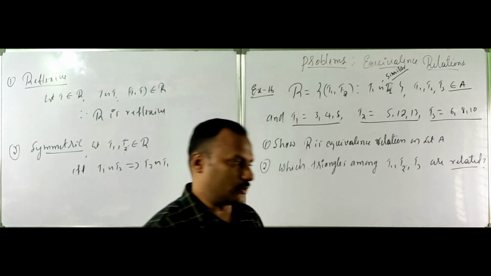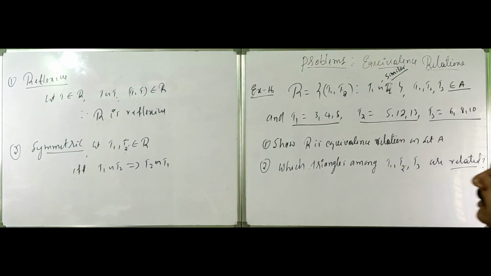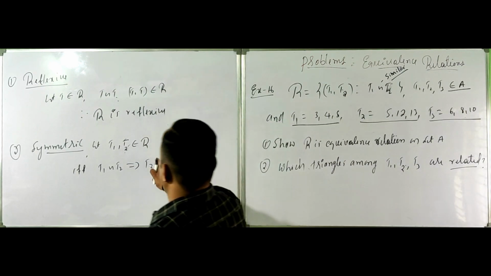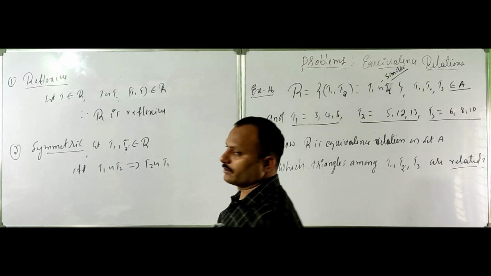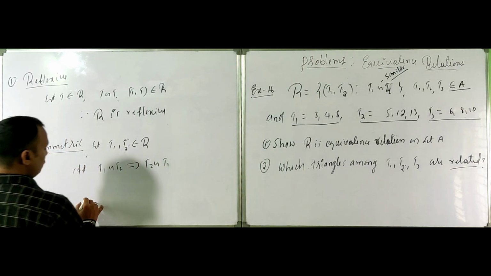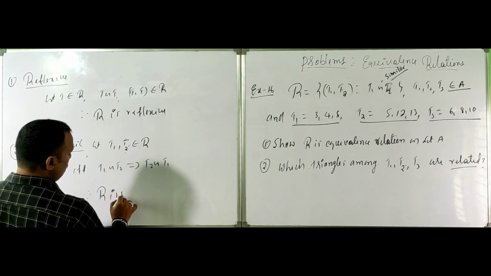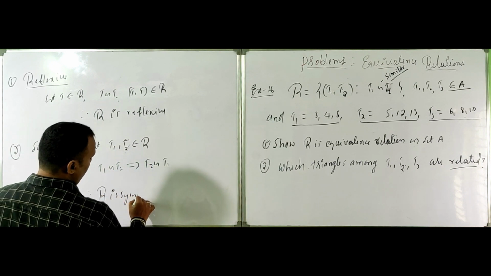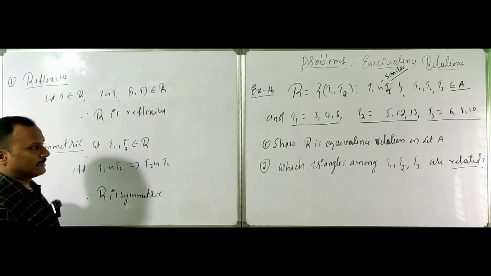If T1 is similar to T2 and T2 is similar to T1, you should take it because the given condition is there, they must be similar. Therefore, R is symmetric.